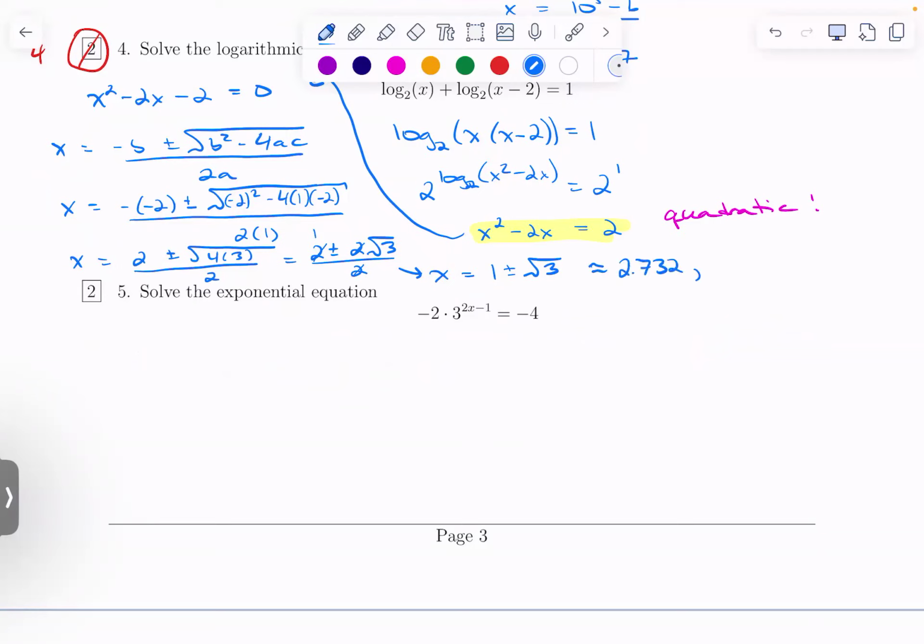But 1 minus root 3, what's the problem? Negative 0.732.